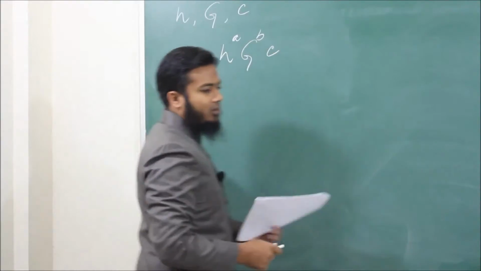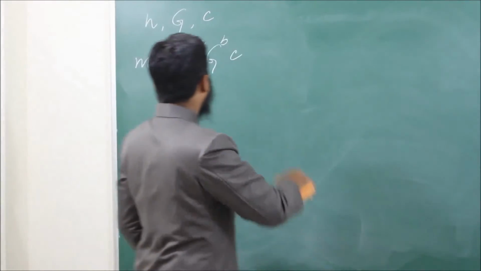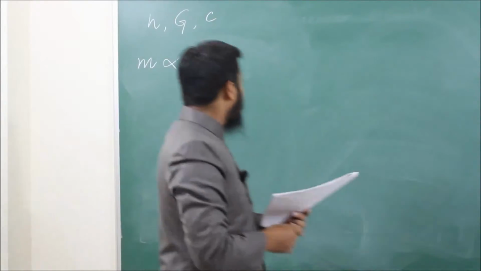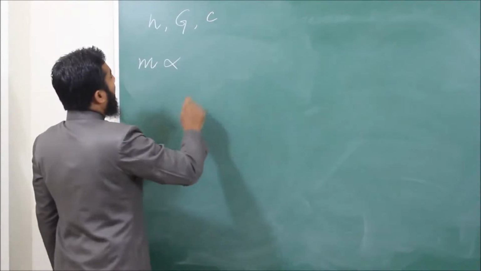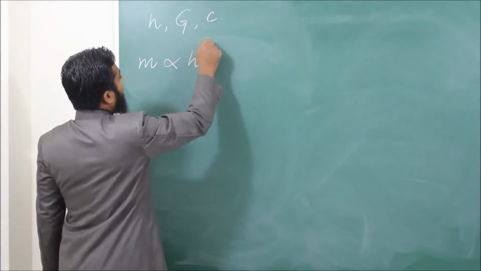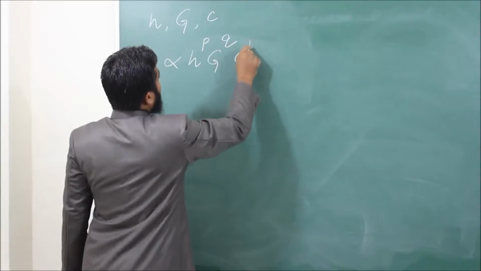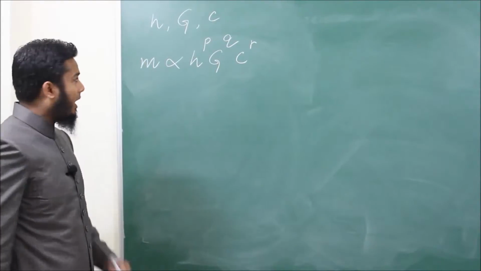Okay, so I shouldn't be using a, b, c because c is being used for speed of light. So let's write the exponents as h raised to the power p, and g raised to the power q, and c raised to the power r.